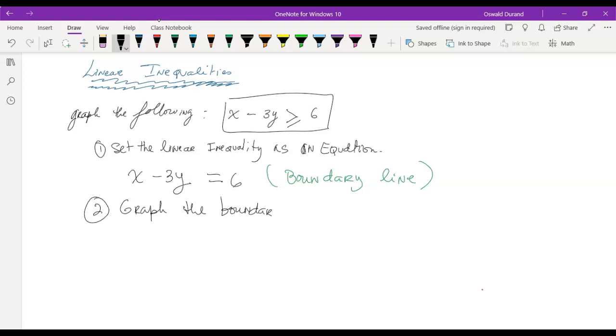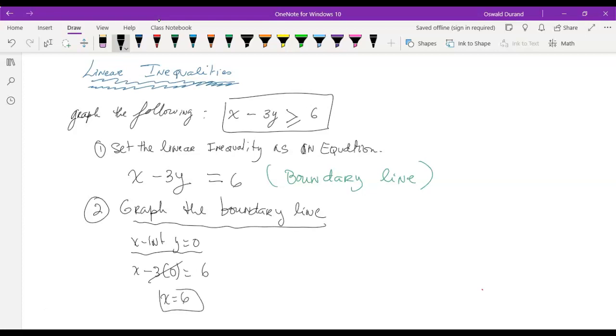We know how to graph this by using the x- and y-intercepts. The x-intercept is when y equals 0, and we get x minus 3 times 0 equal to 6, which means that x equals 6, which gives us the point (6, 0). That's my x-intercept.